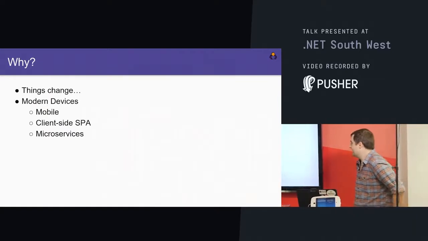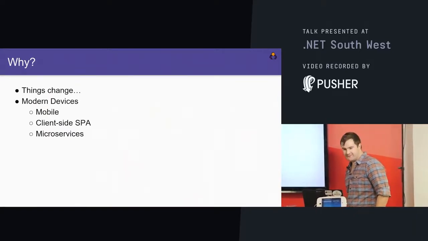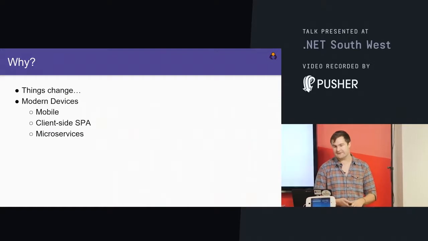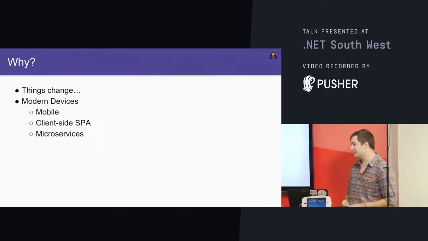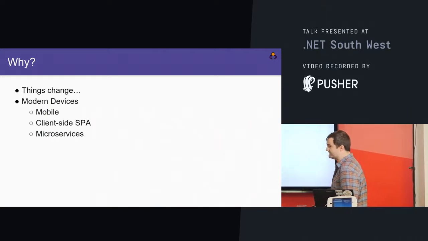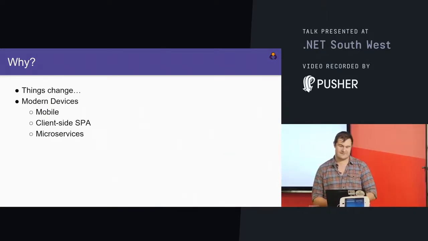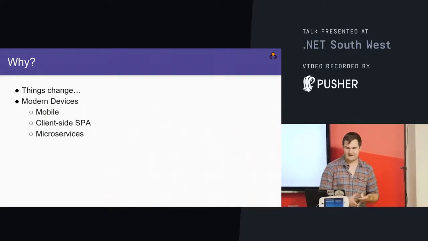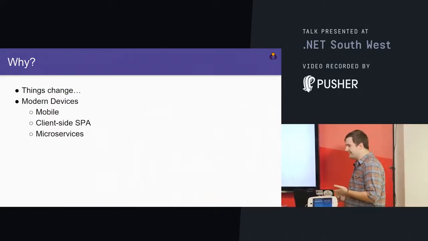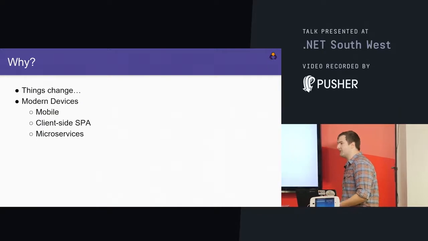So why all this stuff? Why OAuth and OpenID Connect? Things change, and that's especially true in our industry, for computer science and software development. It's something of a running joke when it comes to JavaScript frameworks. We used to have things like XML, SAML tokens, WS-Star, SAML 2P, all running over SOAP.